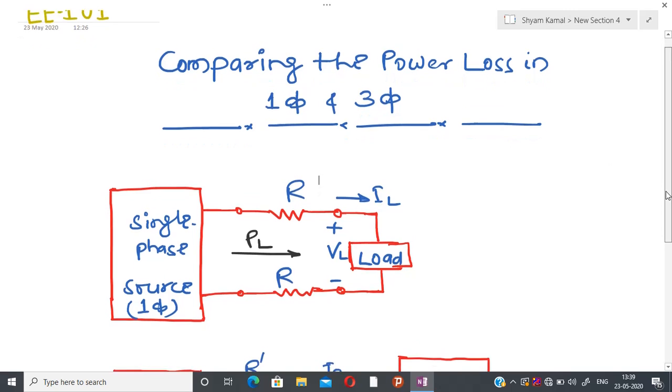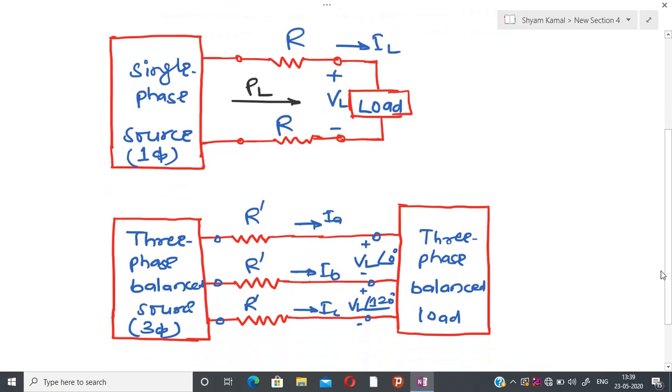So I have drawn the one phase system and I have also drawn the three phase system, and here you can see that I am assuming that whatever wire I have used in one phase connection as well as three phase connection, both wires are of the same material, suppose copper, which has same resistivity, same length, and whatever load I have assumed is resistive.